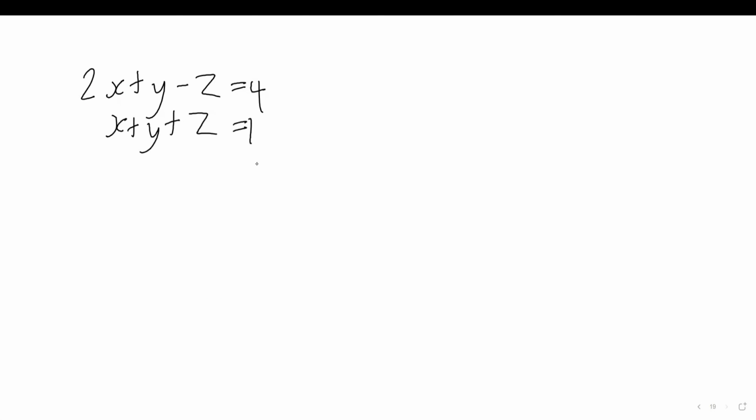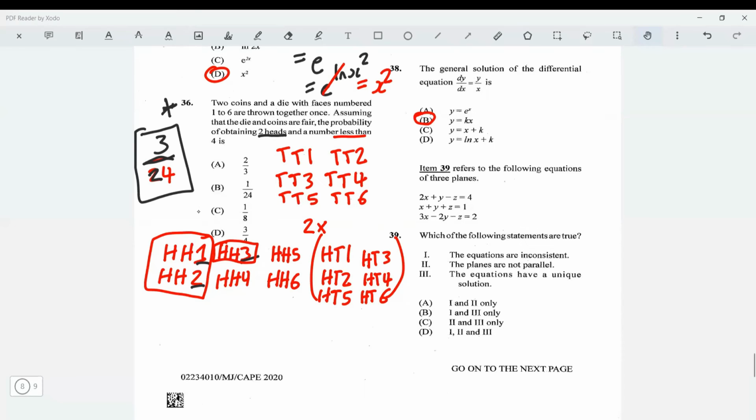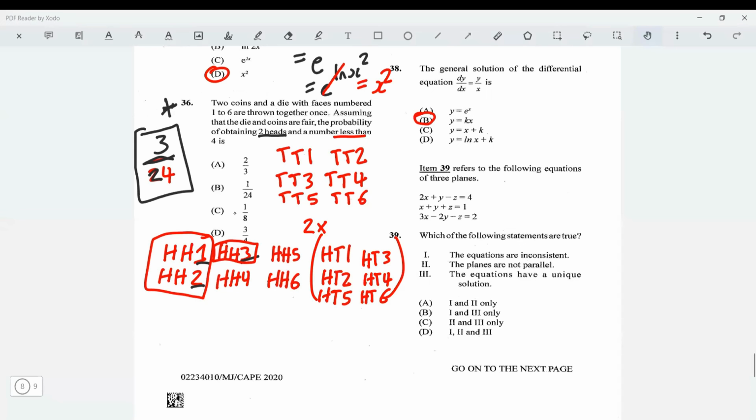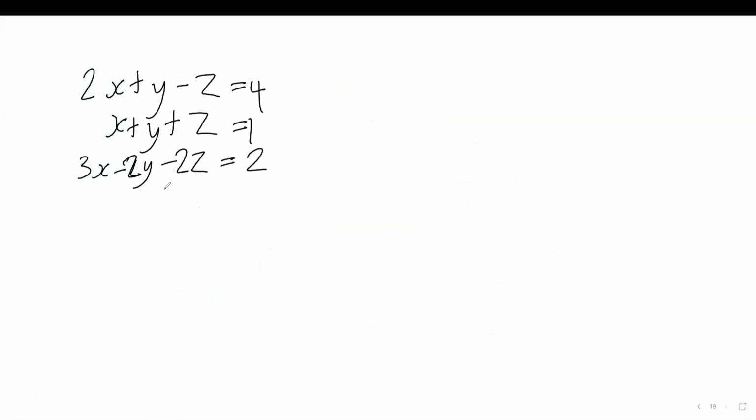And then coming back around here, we have 3x minus 2y minus 2z equal 2. And then they want us now to just go ahead and solve that right there.